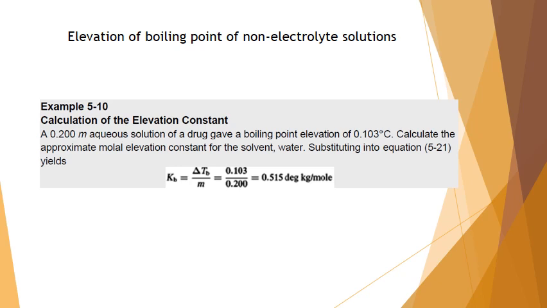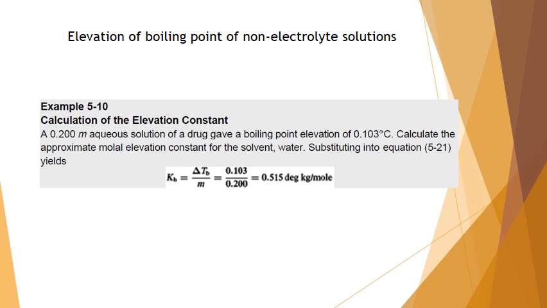Using the same equation shown in the previous slide, the molar elevation constant can be easily calculated. In the previous equation, the elevation in the boiling point, delta TB, equals Kb multiplied by the molar concentration of the solution.